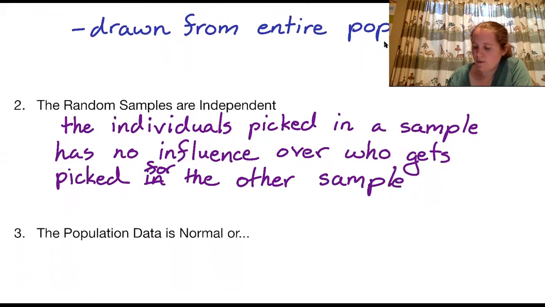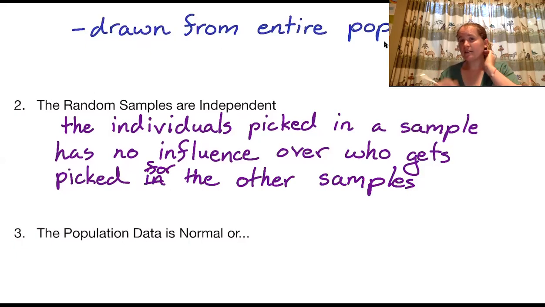An example of this not being the case might be if, say, you took a sample of third-year students and then chose their younger siblings for other samples, then that has direct influence on who gets picked in the other samples.